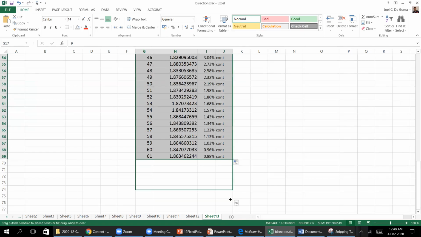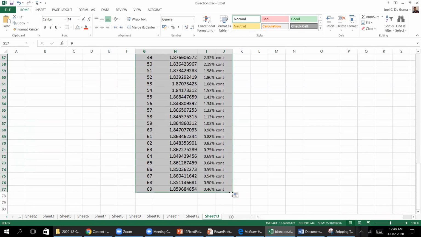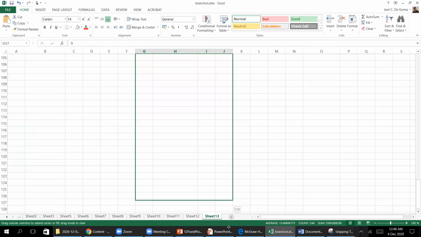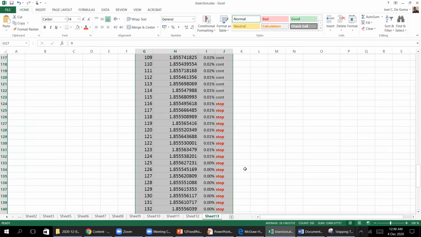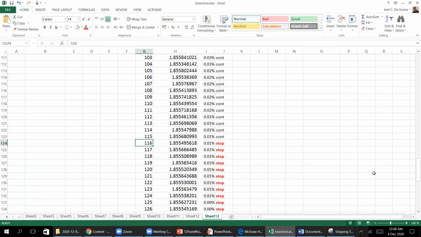Still not yet. Okay, it's in the 116th iteration that we get the 0.01% error. So this is our root, 1.855.